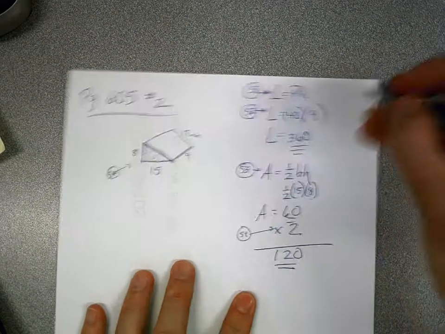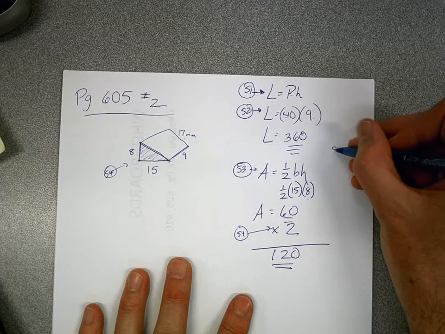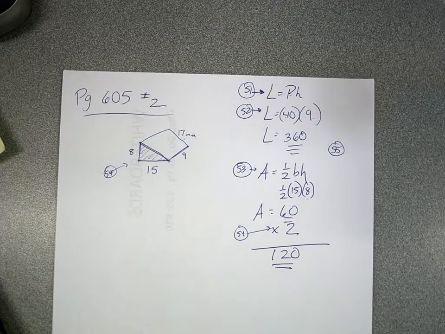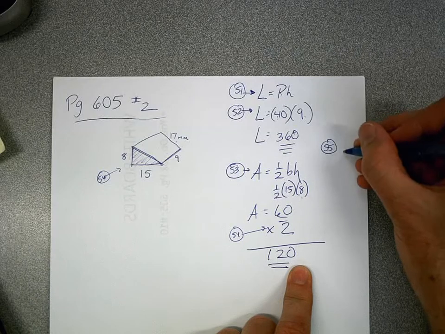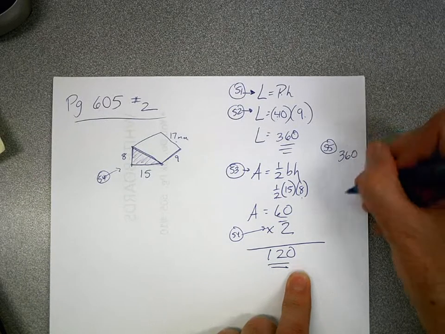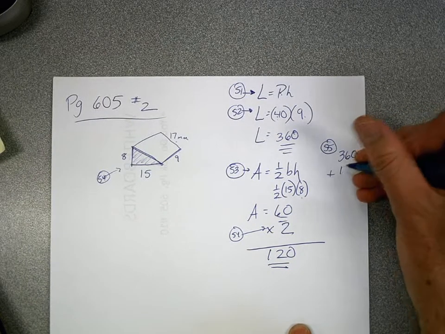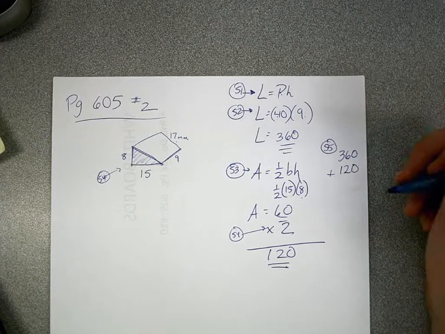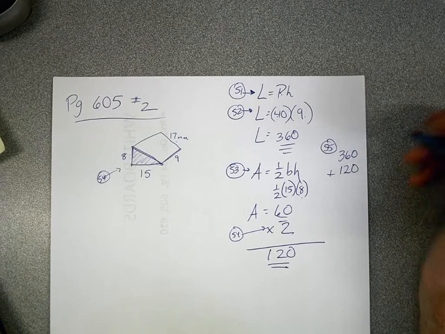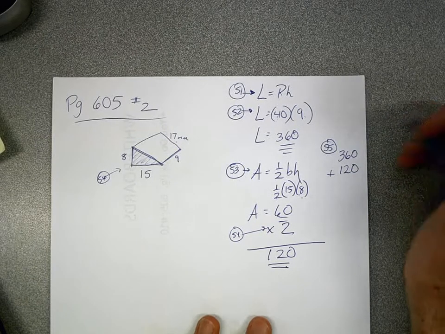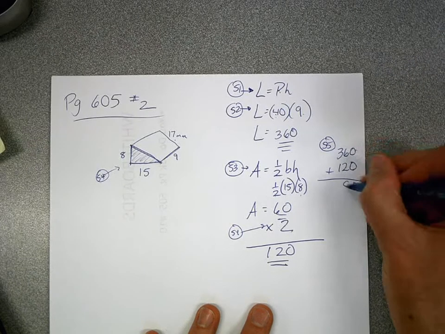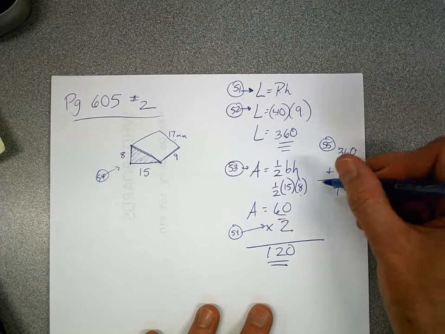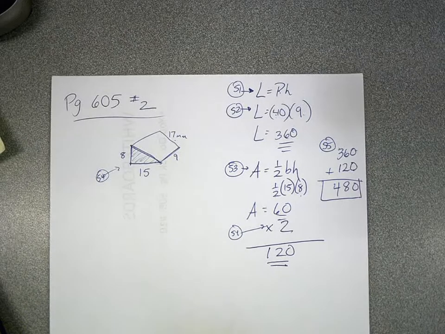Now comes step 5. Step 5 is take the lateral area and add it with the area of the bases. So 0 plus 0 is 0, 6 plus 2 is 8, 3 plus 1 is 4. 480.